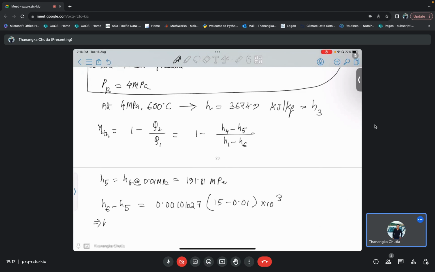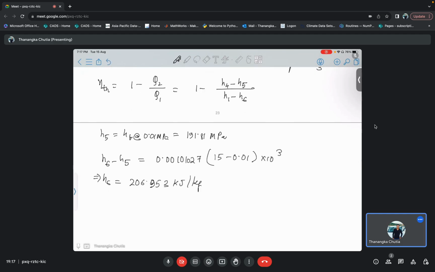So from here H6 will be equal to 191.81 plus that, so this equals 206.953 kilojoule per kg. Just put it here.